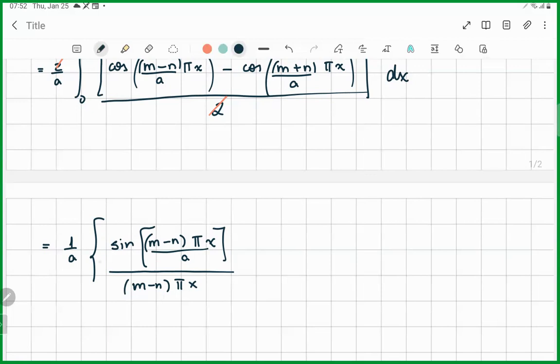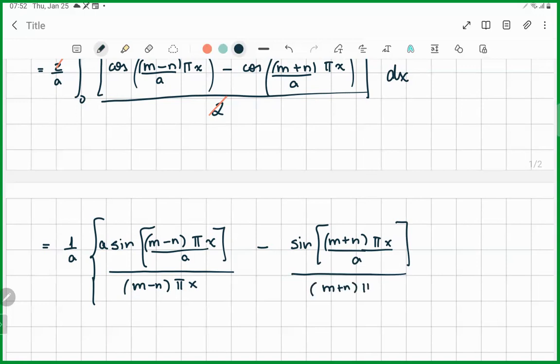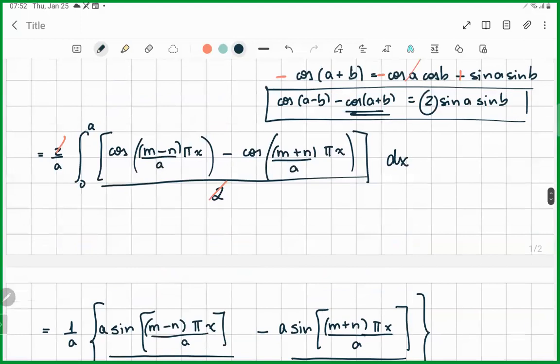So this a, I can put it up here. The next one, we have minus, and then we have the sine of (m plus n) pi x over a, divided by (m plus n) pi over a. So I can put this a here. And this is what the edges of my integral are.